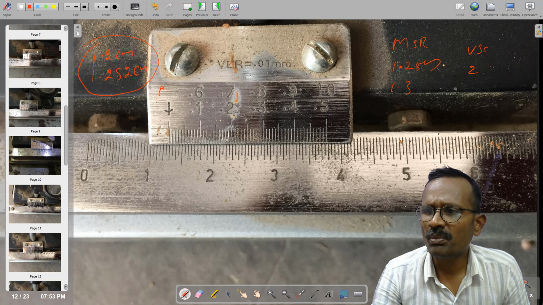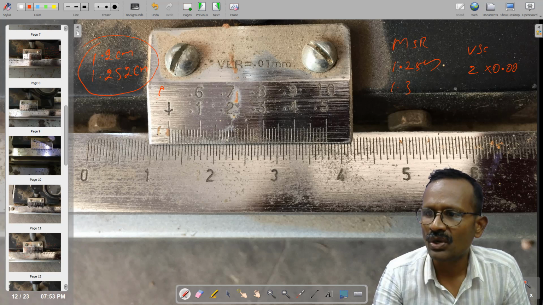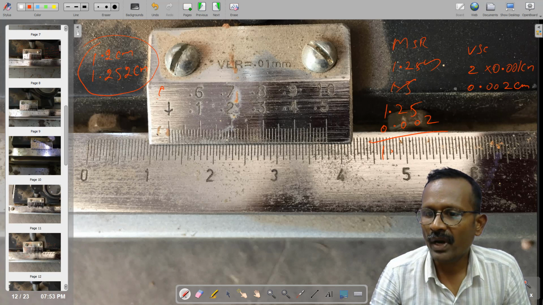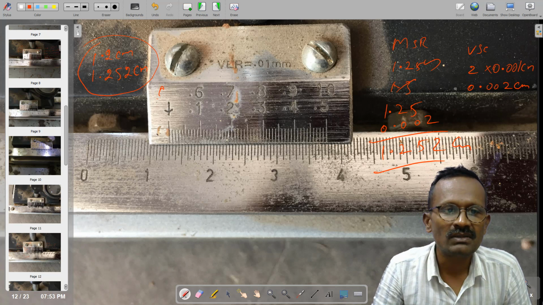What you should do is multiply this by the least count, 0.001 centimeter. How much will you get? 0.002 centimeter. Now you add this to 1.25. How much will you get? 1.252 centimeter. That's what we found out easily.